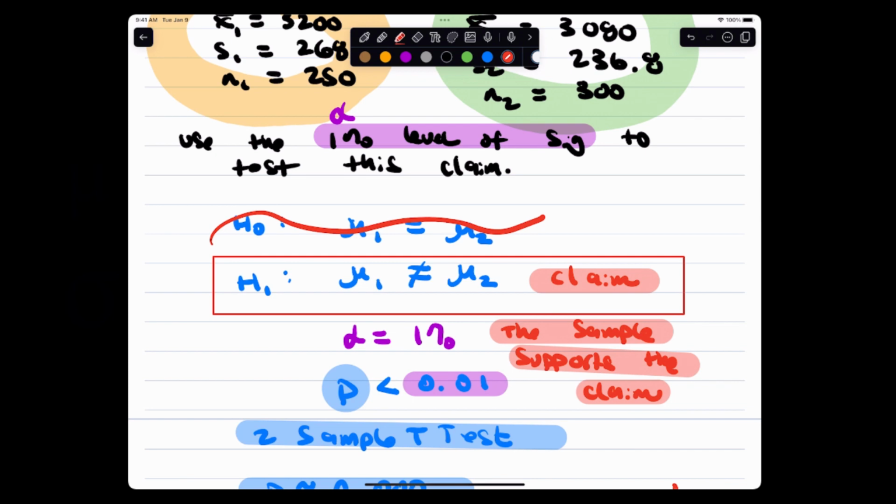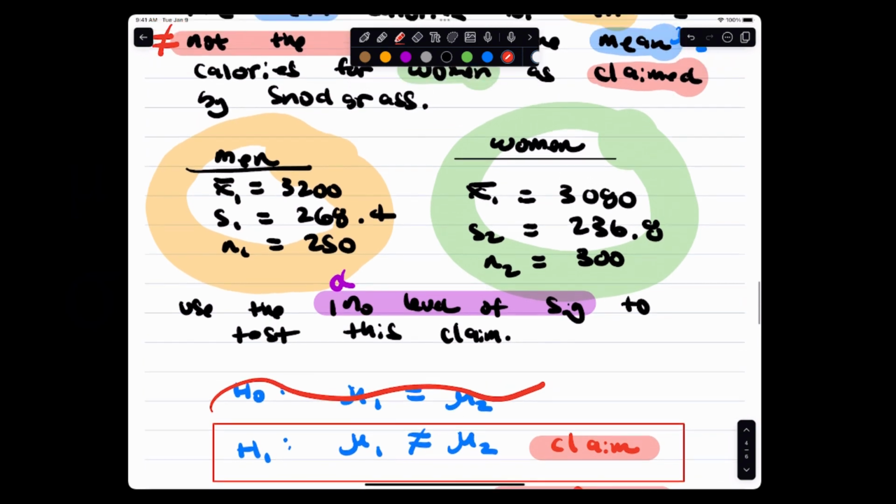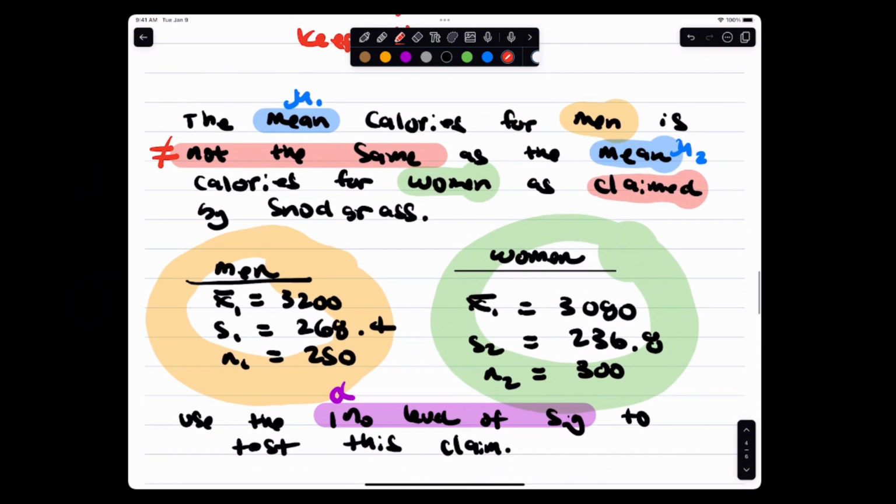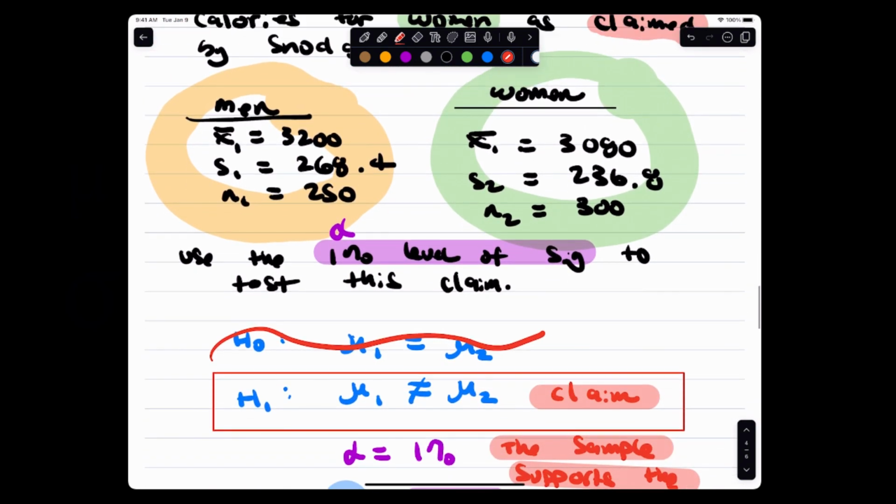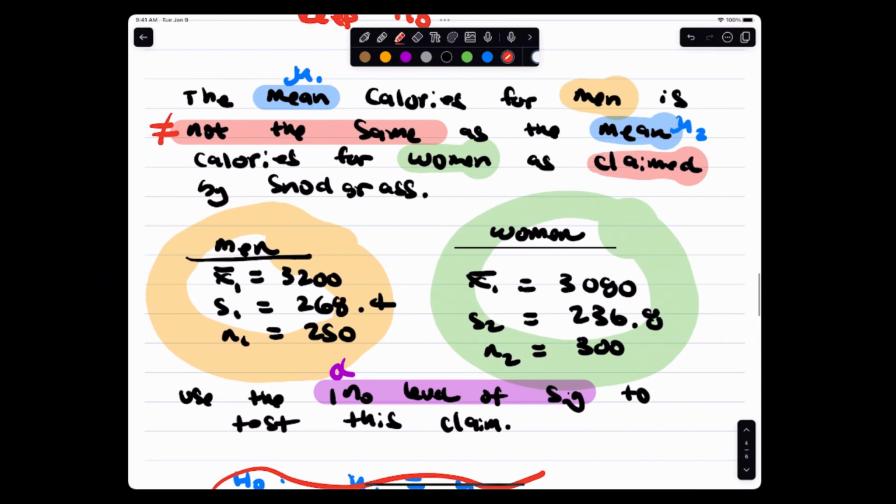Okay, the sample supports the claim. Mu1 is not equal to mu2. Okay? So that means men and women do not eat the same amount of calories per day. That's what they're saying. We eat different calories. What do you guys think?